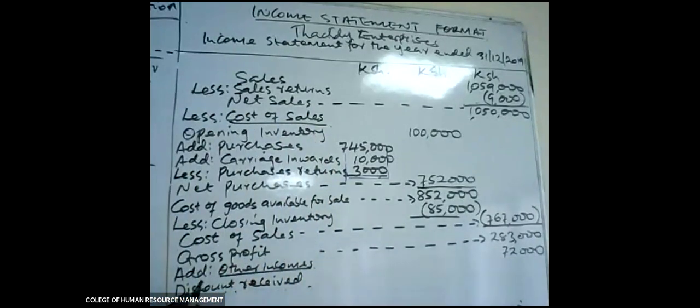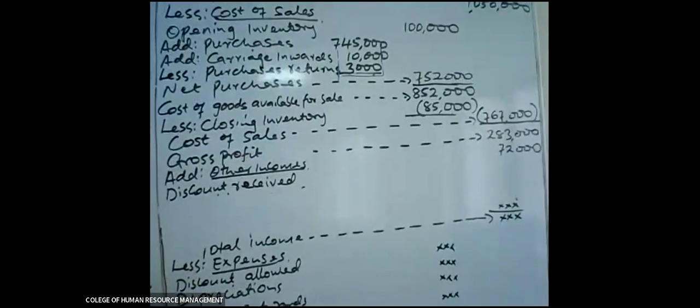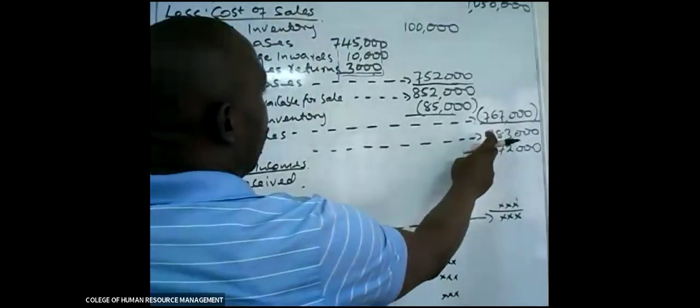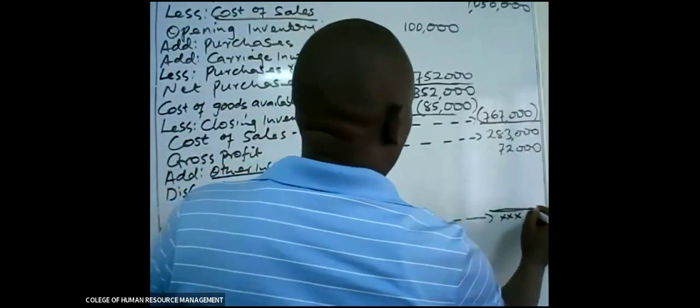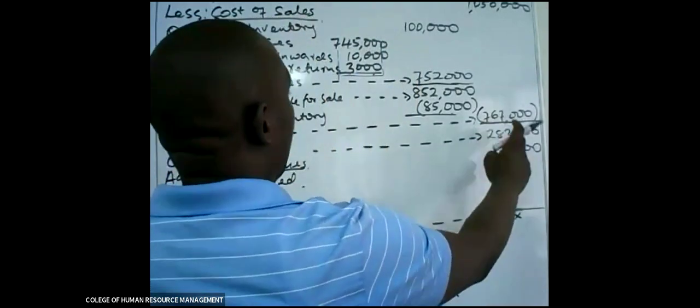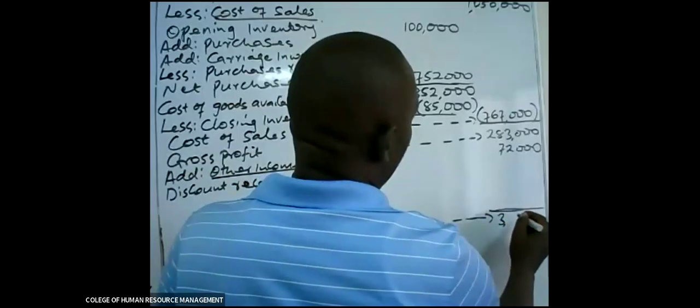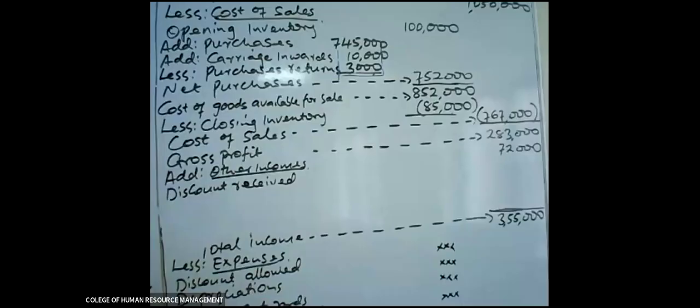So the only other income you have is that. So if you take gross profit plus this, what do you get as the total income? This is the gross profit plus discount received, 355,000. Correct.